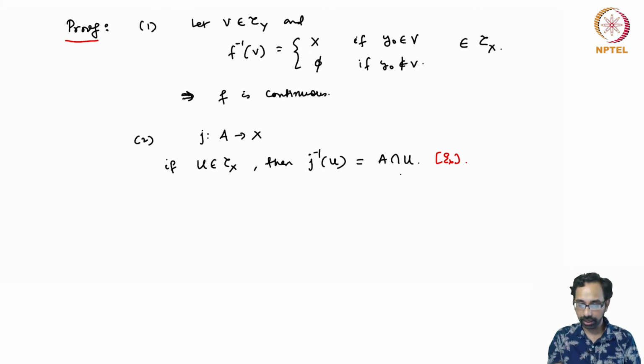Now notice that this is precisely the kind of open sets that are available in the subspace topology. So this is open in the subspace topology on A, and this means that j is continuous.